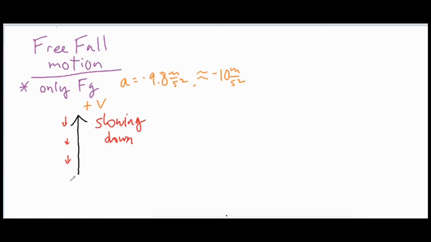So if you have a positive number, let's say the initial velocity is 50 meters per second and something is tossed up in the air, and you keep on adding negative 9.8 meters per second every second, then eventually it's going to take that 50 and continue to slow it down until at its very peak it has an instantaneous velocity of 0 meters per second.